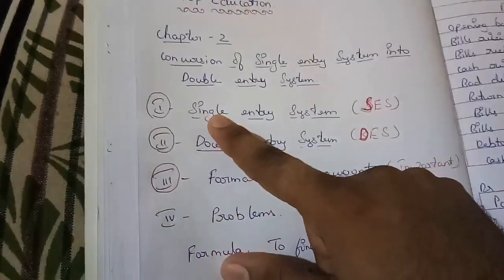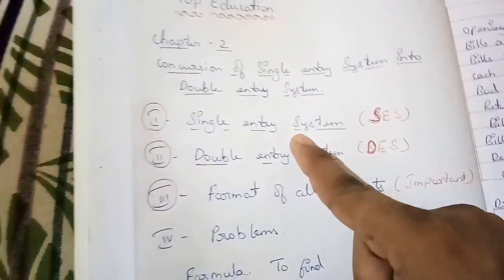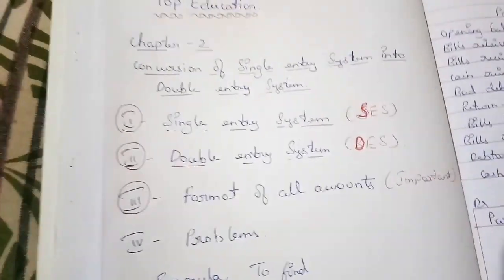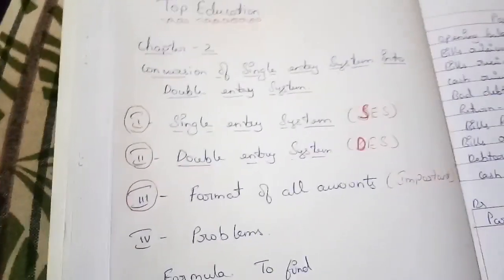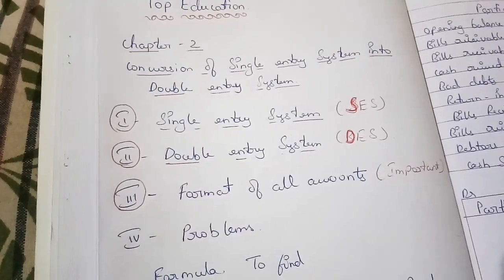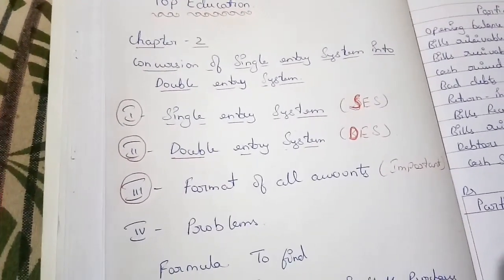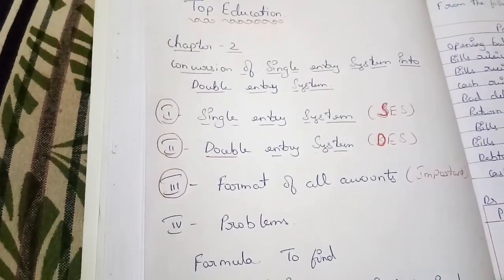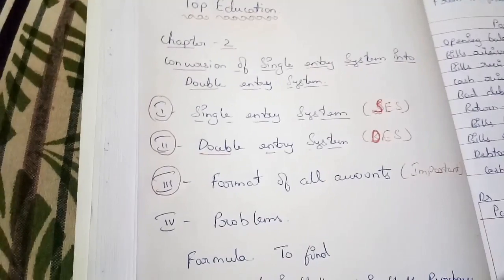So first, let's go to single entry system. Now what does a single entry system mean? This system of accounting exists in small and medium scale industries. It is also called an unscientific, unsystematic, crude method of bookkeeping.